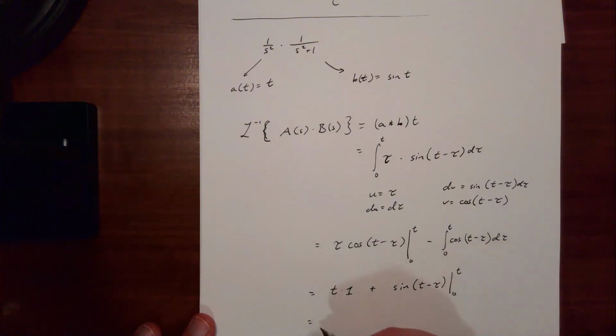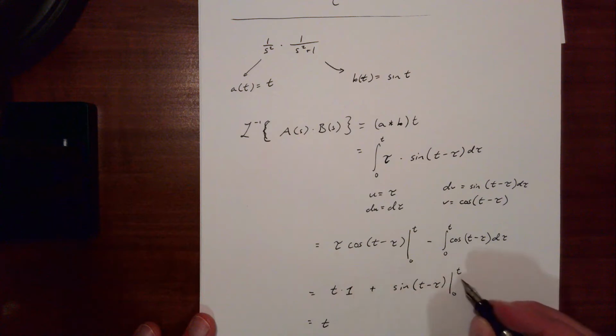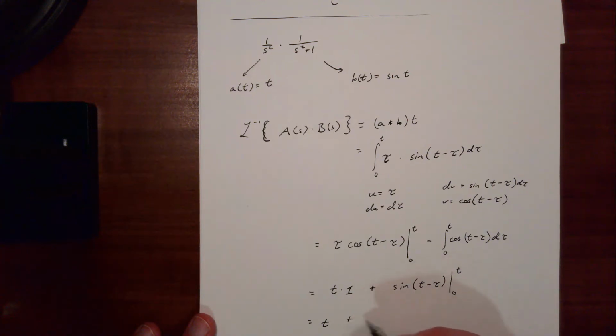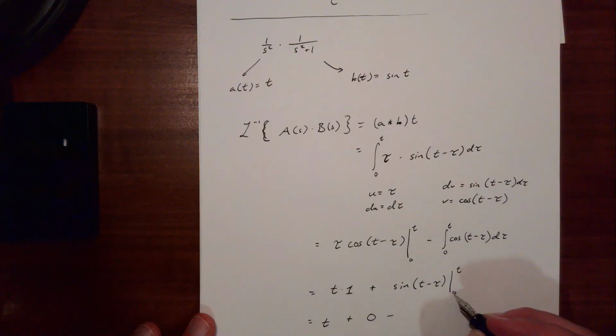And so what's that going to be? It's going to be t. Here, when you put in t, it's going to equal just sine of 0, which equals 0, plus 0, minus, you put in a 0 for tau, and it's just going to be the sine of t.